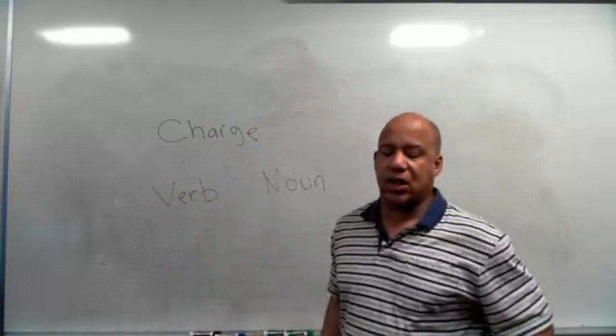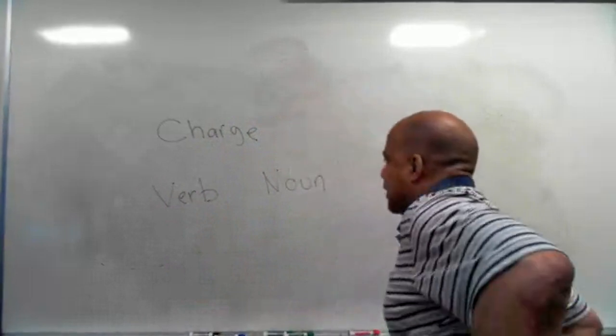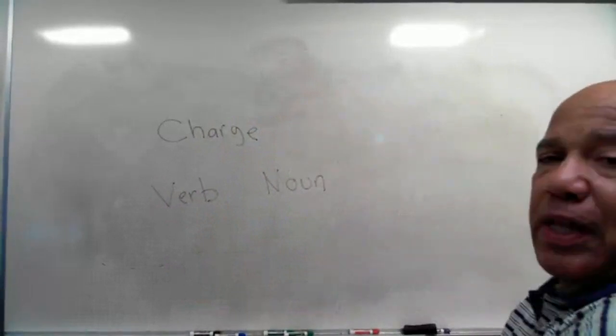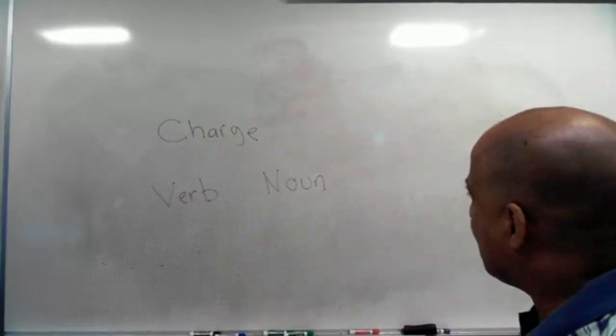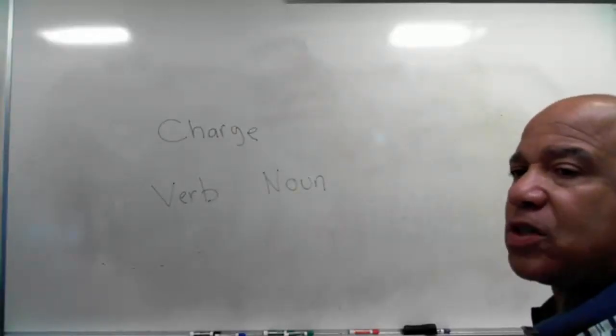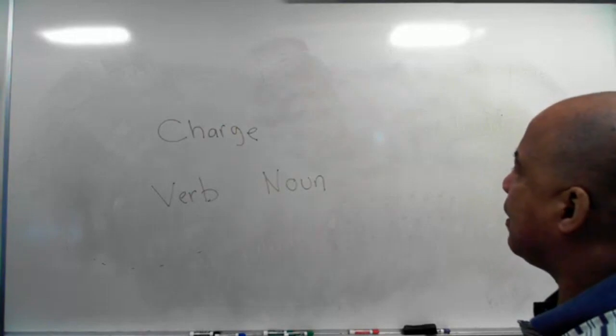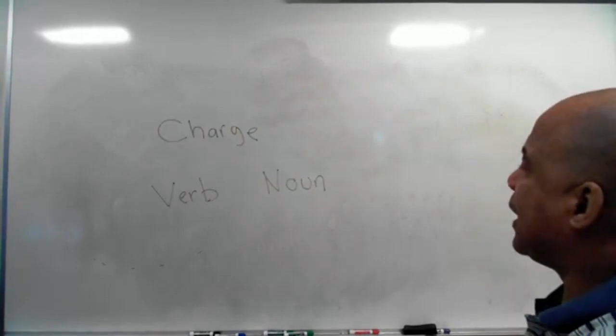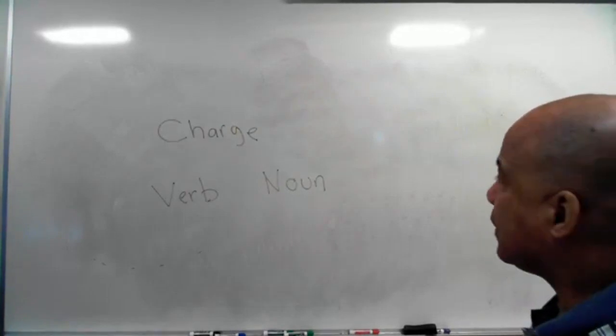Who can tell me what is the difference in the English language between a verb and a noun? A noun describes something. A verb is an action. Okay. A noun describes something or names something, and the verb is an action.